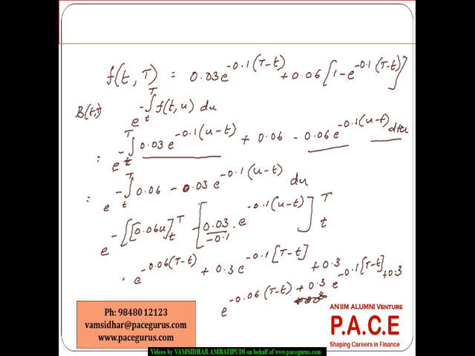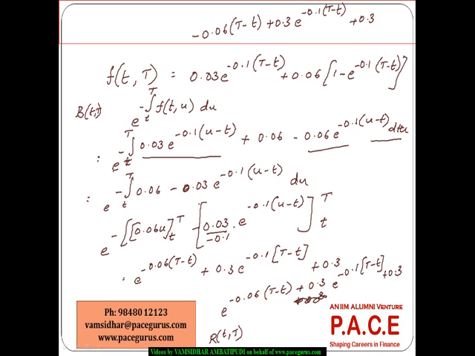Now we know the spot rate R t comma T is nothing but the log, so I have to take the log of this. So log of B t comma T will become minus 0.06 (T minus t) plus 0.3 e to the power of minus 0.1 (T minus t) plus 0.3.